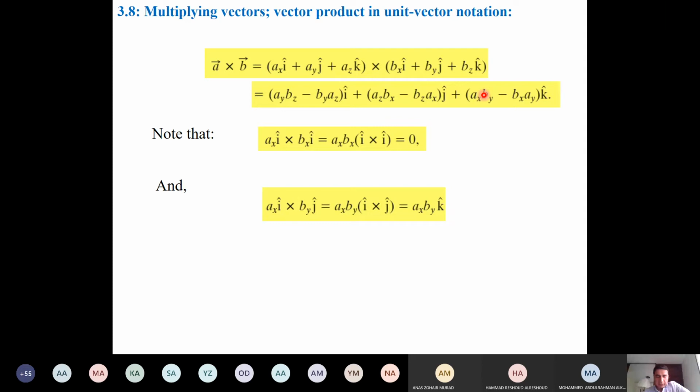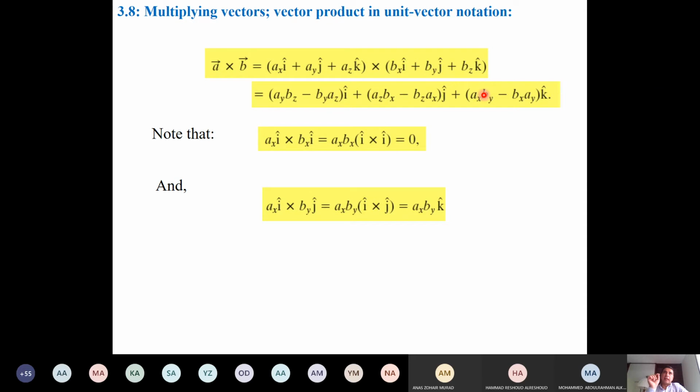How many of you are familiar with matrices and determinants in mathematics? Did you do determinants? Yes. Okay. When you have a determinant of three quantities, there are three rows in your determinant, right? And you are making the product of that.